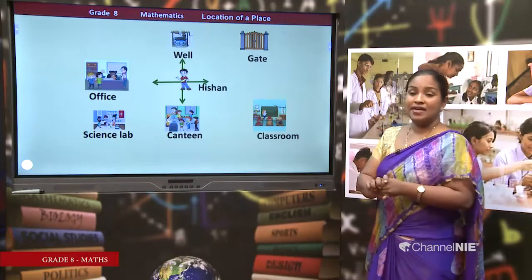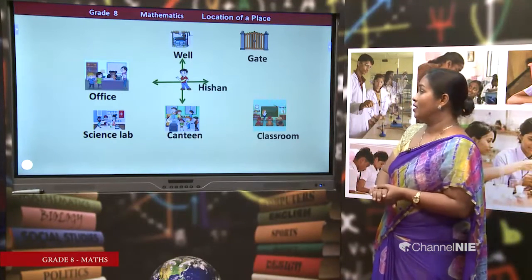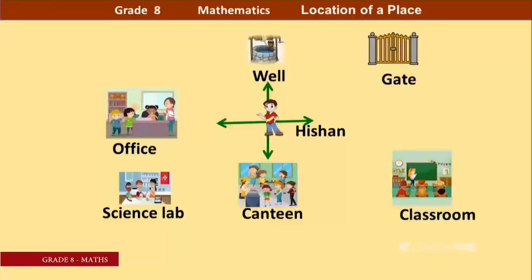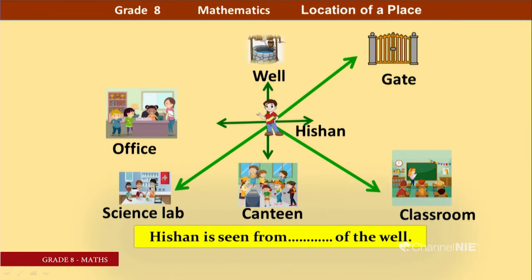Okay. You can see some figures: well, gate, classroom, canteen, science lab, office, and in the middle you could see Hishan. We are going to compare the position of Hishan relative to each of these places.